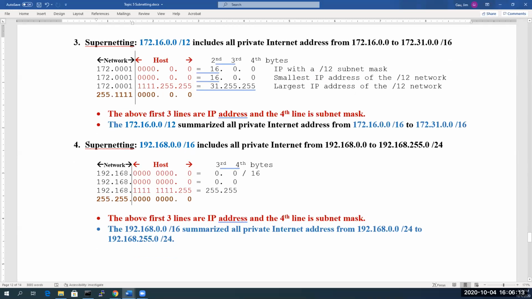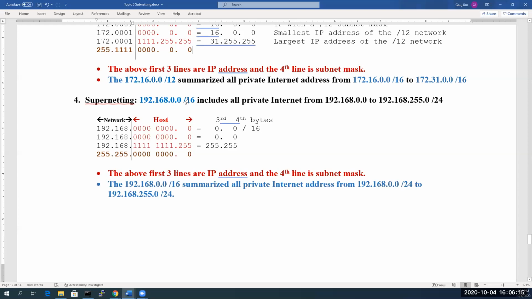Now, if you want to supernet 192.168.0.0 to /16, it will include all the private addresses from 192.168.0.0 all the way to 192.168.255.0. Each one is a /24, which is a class C. 192.168.0 is a class C, and 192.168.1 is another class C. I'm only going to talk about the third byte, okay? 192.168.2, 3, 4, 5, all the way to 255.